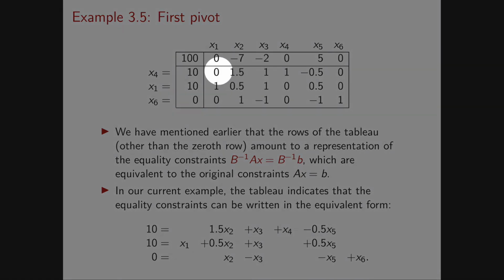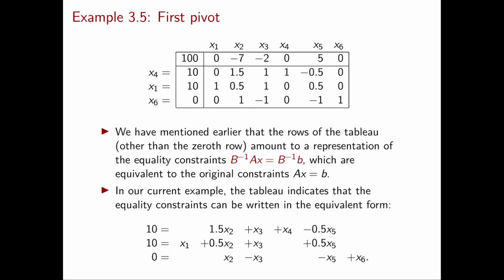In the first equation, we will have 0x1 plus 1.5x2 plus 1x3 plus 1x4 minus 0.5x5 equal to 10. And similarly, you can obtain the second and third constraints, which are written down here.